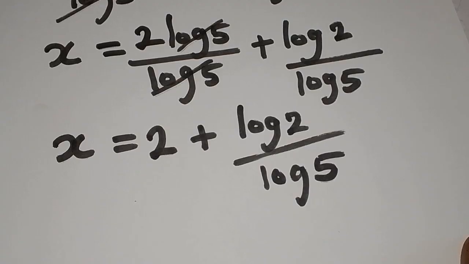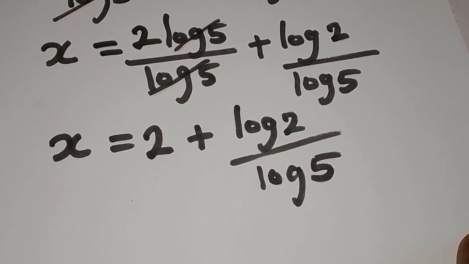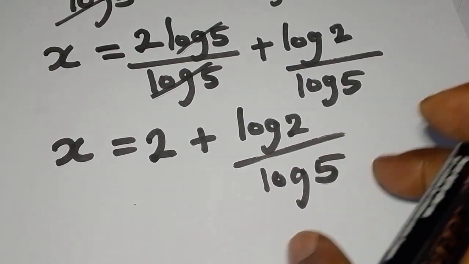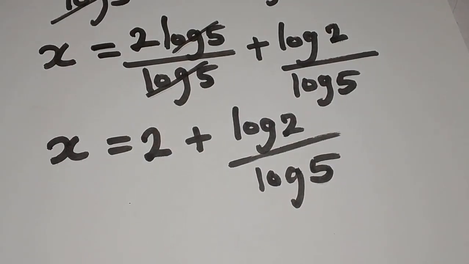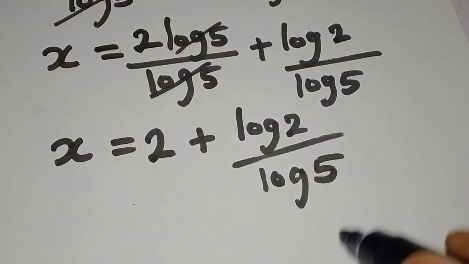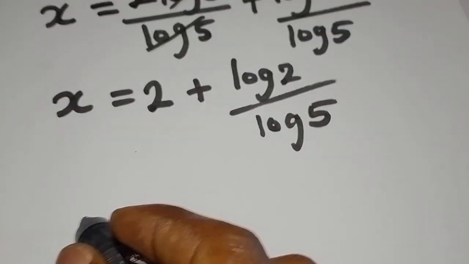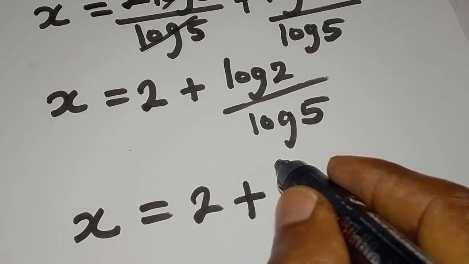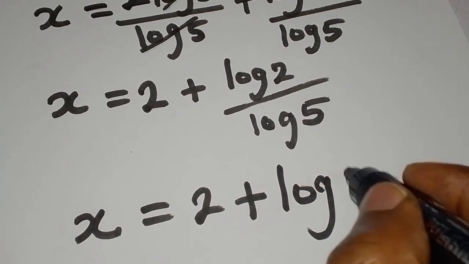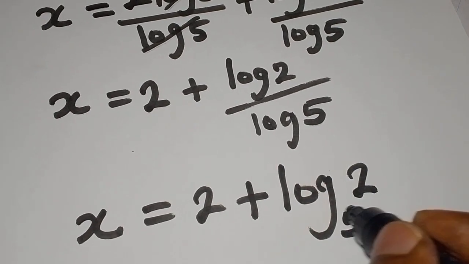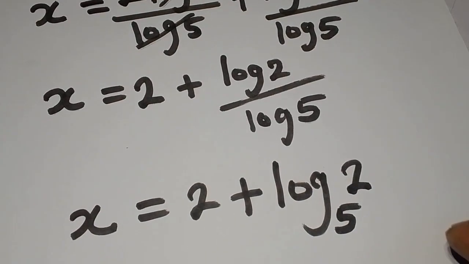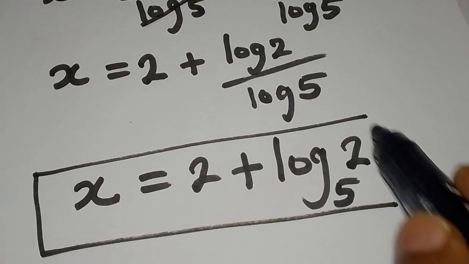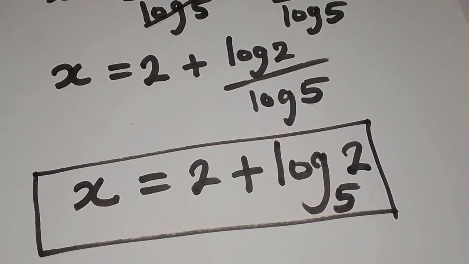Okay, so why don't we apply what we call change of base to what we have here, log 2 over log 5, so that this 5 becomes the base to the 2. So our value of x will now be equal to 2 plus log 2 to base 5, because 5 becomes the base. This is our value of x.